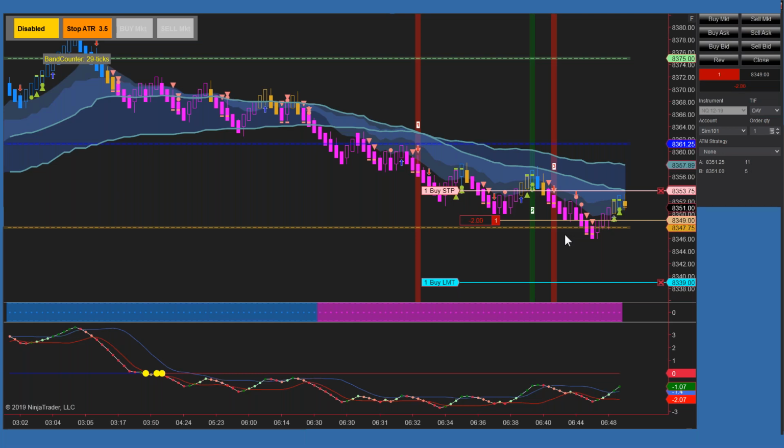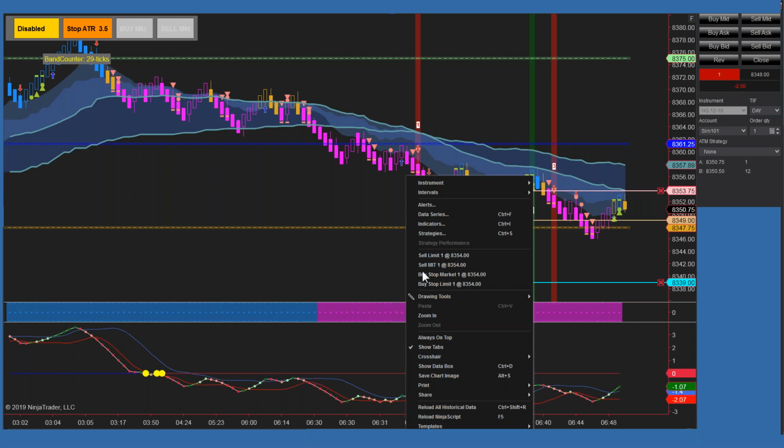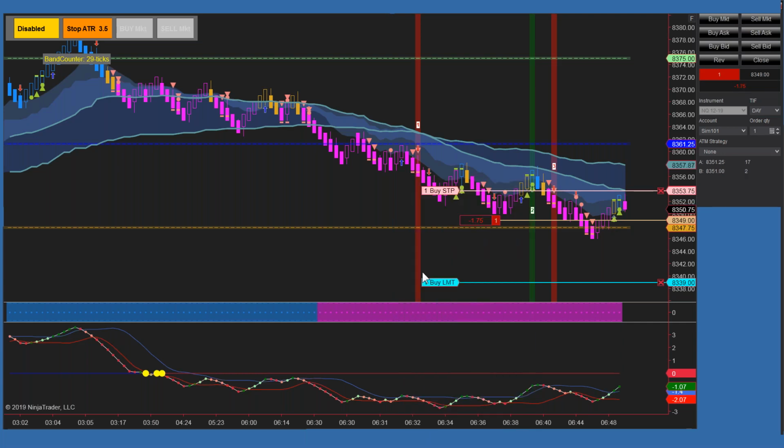In fact, I might even consider a reversal. It's a bit of a sloppy number 2 signal, but there we go. I don't do this often. I don't often reverse on my trades.